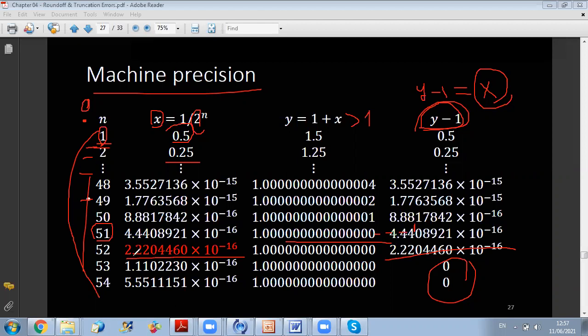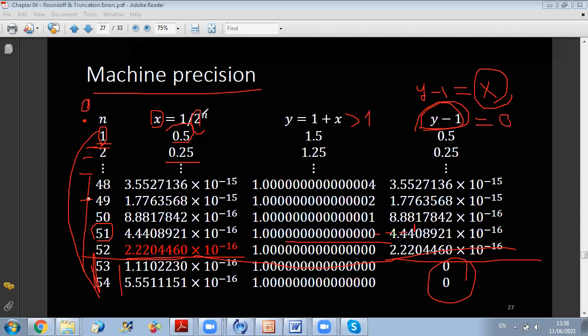For example here, you can say that after 52 digits, my computer is not able to read more than 52 digits. Because after 52 digits, I am getting y minus 1 equal to 0 instead of y minus 1 equal to x. So I will stop here. For example here, I can read 52 digits, but remember, in base 2.